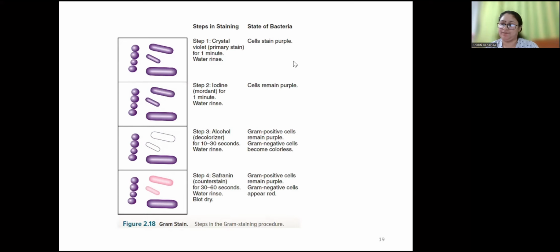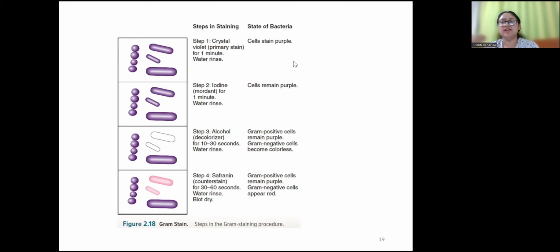Why does this happen? Because gram positive cells have that thick peptidoglycan layer. The stain has gotten inside, but it will not get out easily. Even after using a decolorizing agent, the pores within the peptidoglycan layer shrink, and no color can come out.